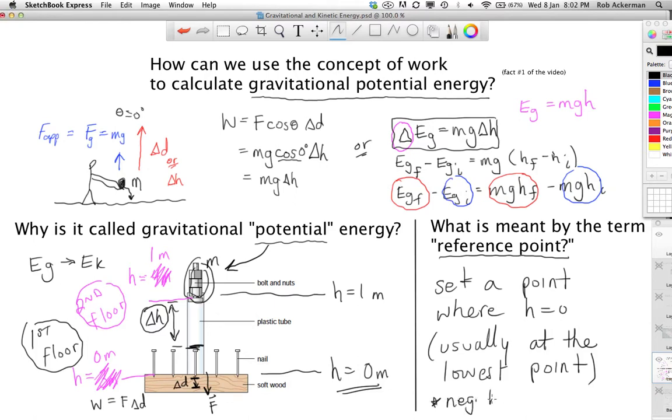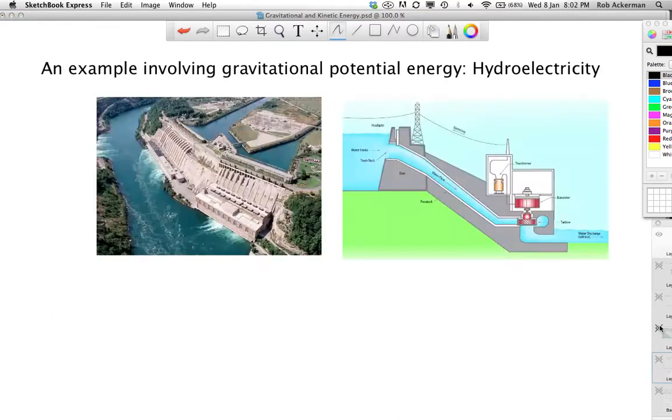That's fine too. So I'll write that in here. Negative height equals below the reference point. So keep that in mind. It's going to be important when we talk in terms of gravitational potential energy, and also when we get to solving more challenging problems. Here's an interesting problem coming up.